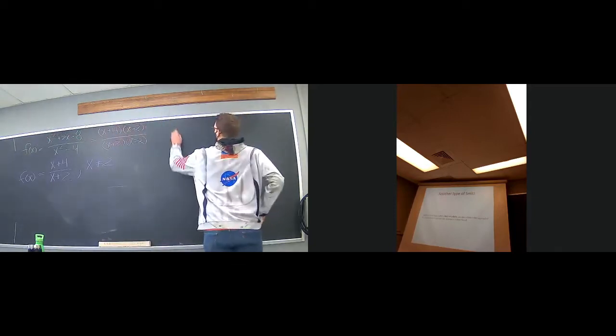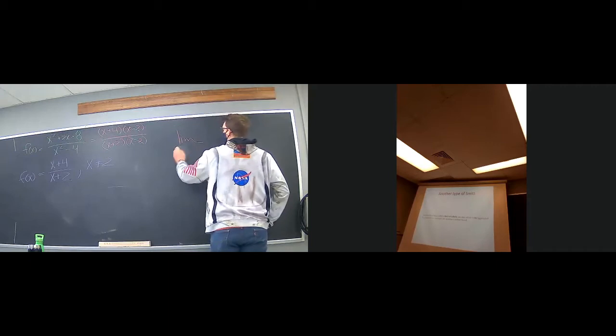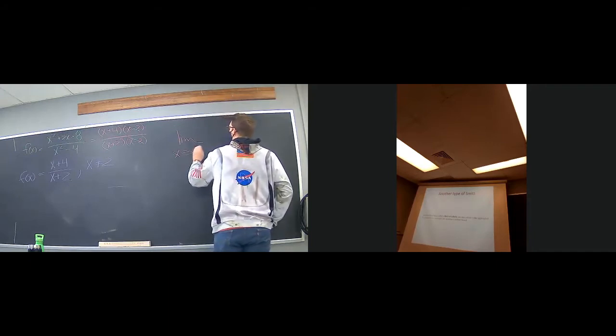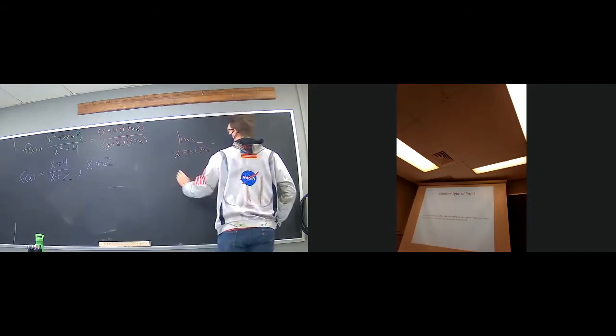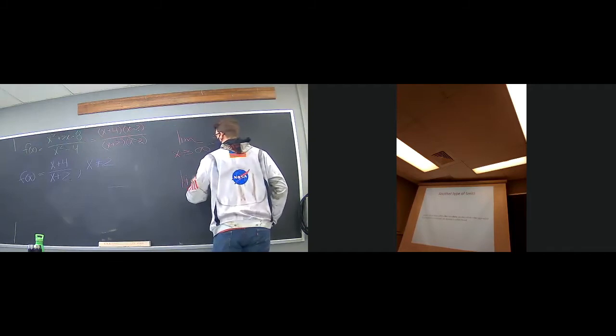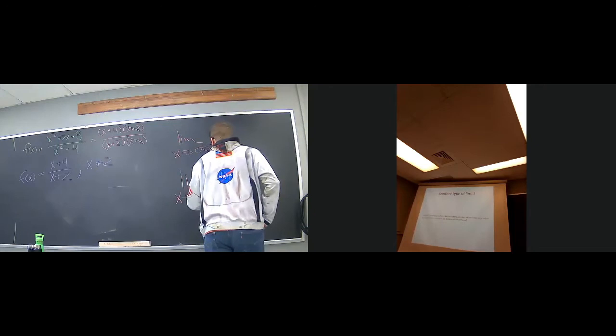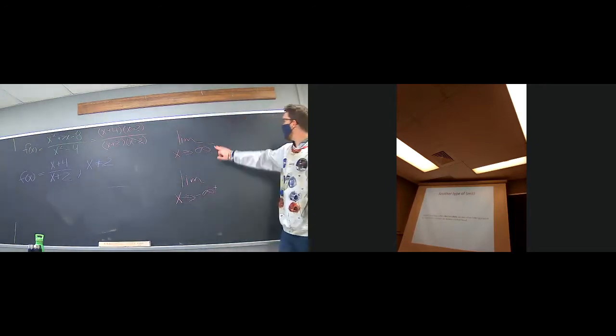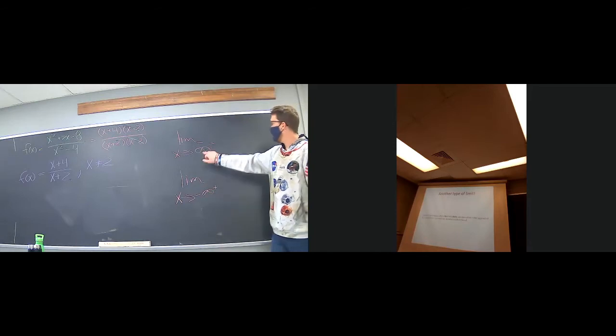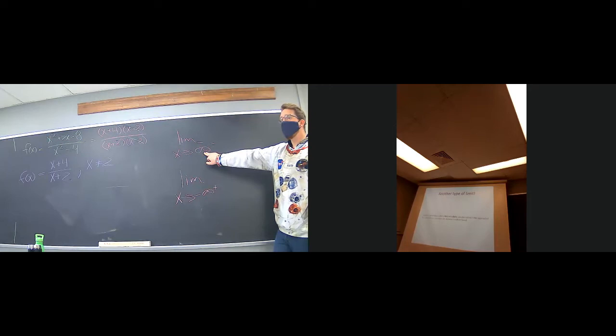We write this as the limit as x approaches infinity from the left, the limit as x approaches -infinity from the right. Now notice I wrote from the left and from the right here. That's because there's nothing greater than infinity, right? So we can't approach this from the right.